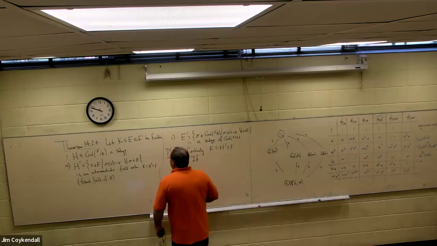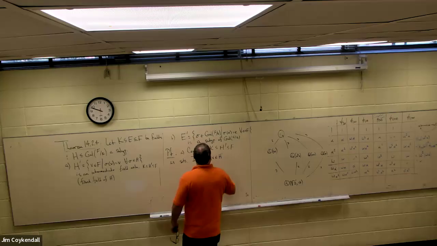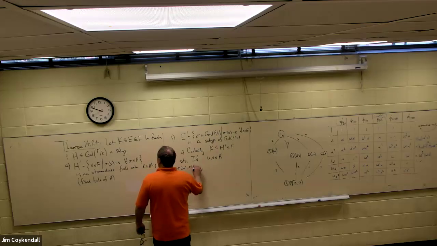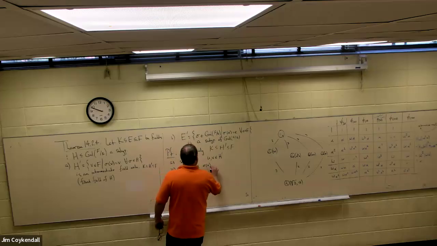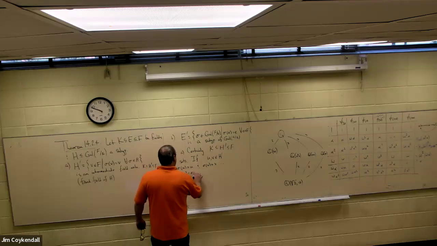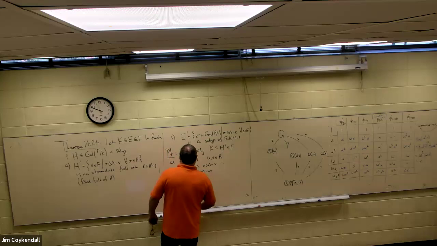So notice that, let's say U and V are in H prime. This implies sigma U equals U, and sigma V equals V. Therefore, sigma UV is sigma U, sigma V, which is UV.